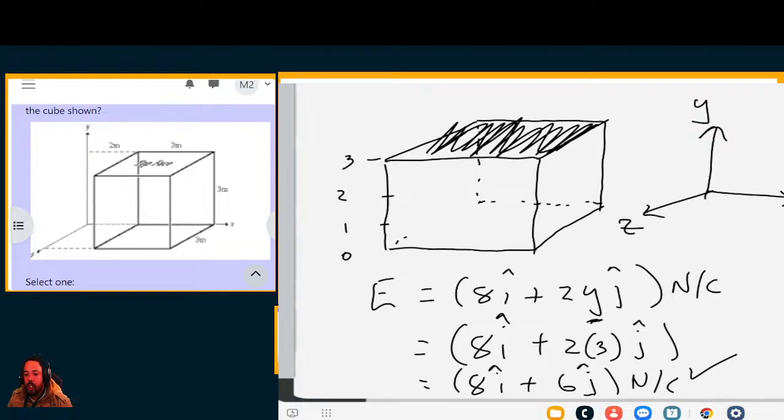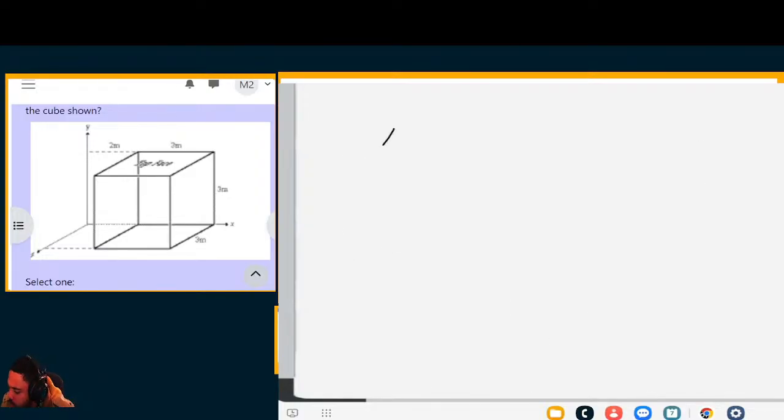So the next question is, what is the area of that surface that the electric field is going through? Let's work it out. The area of that top surface has a length of 3 meters and a width of 3 meters. How do we calculate the area of a square? It's just that value squared, or 3 by 3.